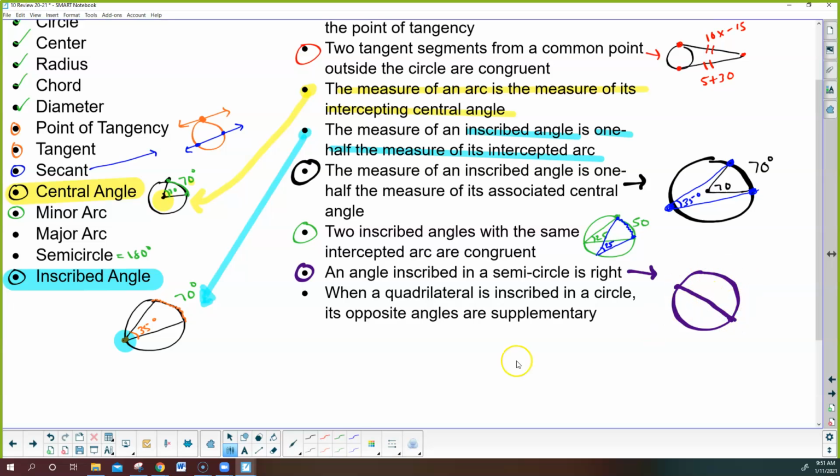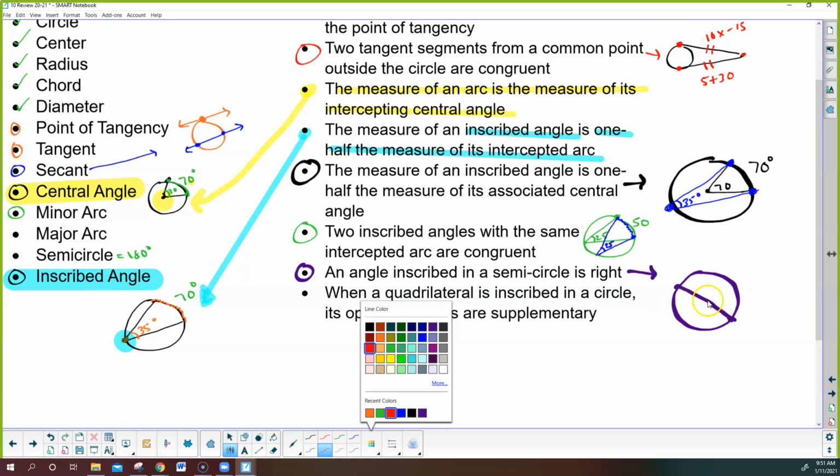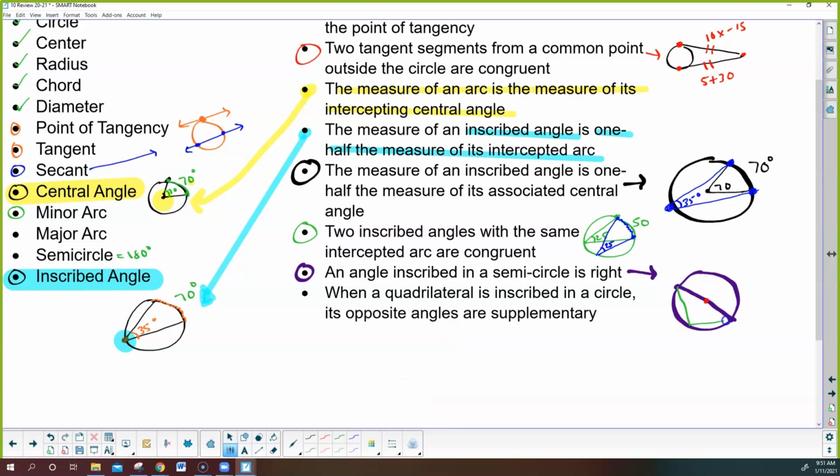If I take a semicircle, now I'm going to put a dot right in the middle to show that that is a diameter. And then if I draw in an inscribed angle, it doesn't matter where this point is. I believe we called it point P in the notes. Doesn't really matter. But notice its arc all the way around here is 180 degrees because that's a semicircle. So if its arc is 180, then this point has no other choice but to be a right angle.